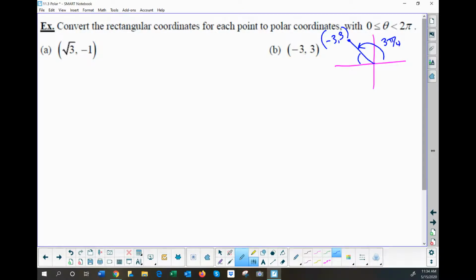I do believe so. It's just the r that we'll have to get. Okay, so let's go r equals square root of negative 3 squared plus 3 squared. R equals the square root of 9 plus 9, root 18. R equals, sure, 3 root 2. Got our r.